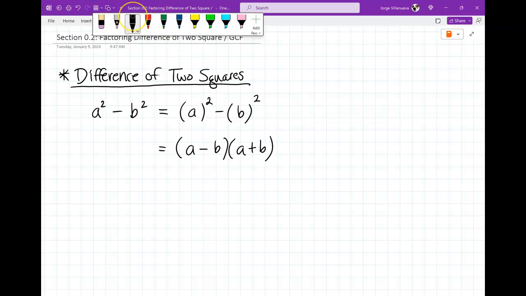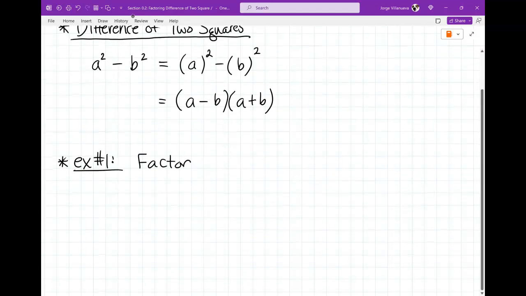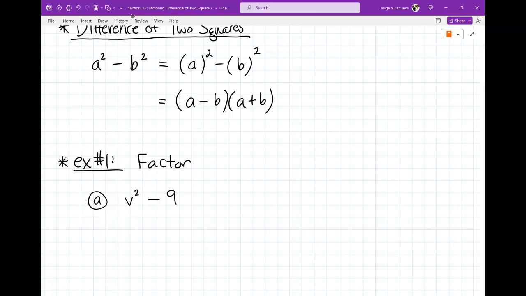So here we go. So example number 1. They're just going to have you basically factor this. So we're going to factor, and we'll do part A. v squared minus 9. Okay, so this is considered an easier one, because it doesn't have a lot of stuff going on.